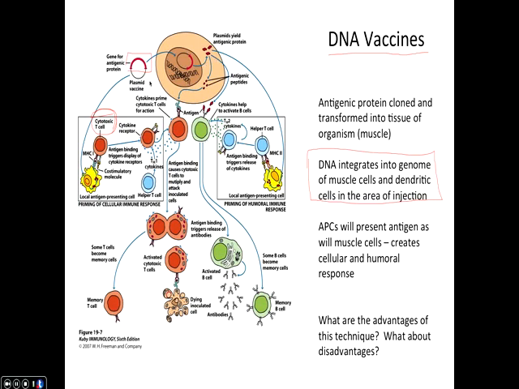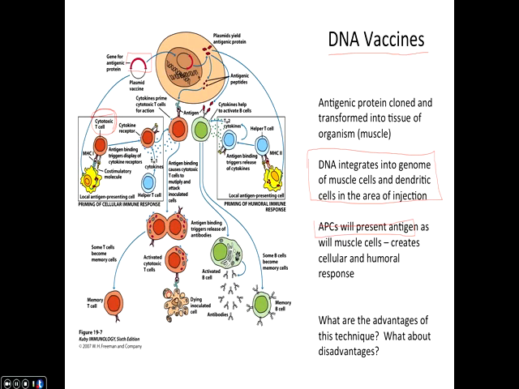If you get it into antigen presenting cells, the APCs will present antigens, and then you can create the other side: you can get B cell responses as well.